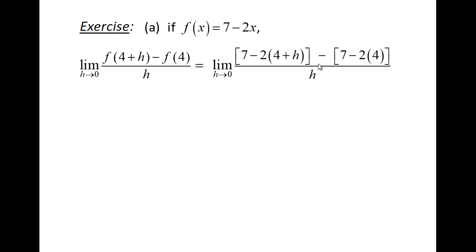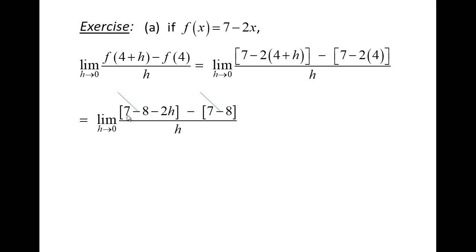So now all we do is just do some algebra and we clean out the numerator. So we write 7 minus 8 minus 2h here, minus 7 minus 8 here. Notice that we get minus 8 here, and then here we get minus 8 would be plus 8. So they cancel out. I have a minus 7 here.